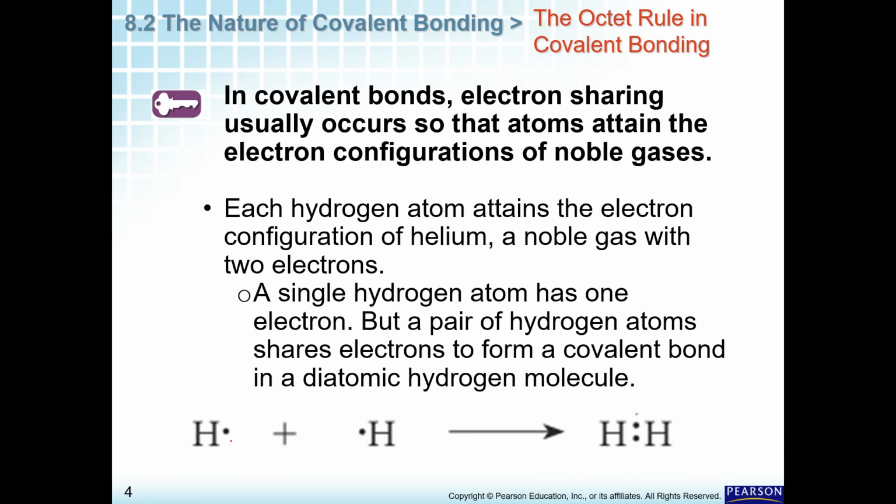It has 1 valence electron. And then we have another hydrogen atom that has 1 valence electron. And instead of one stealing it from the other, essentially what they do is they share it between them. So they each are sharing 2 electrons. And that's how they complete the octet there.